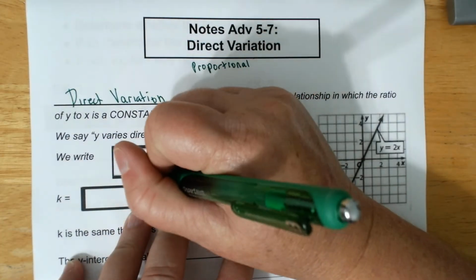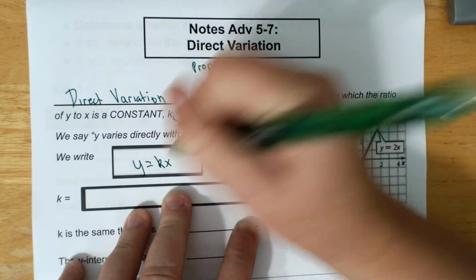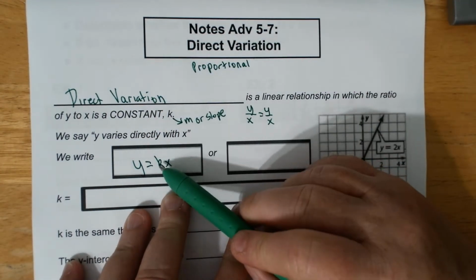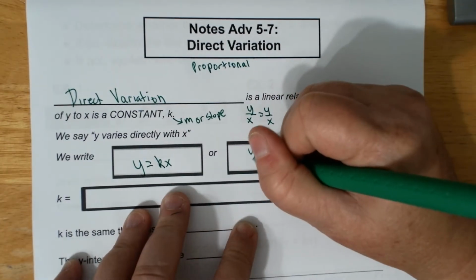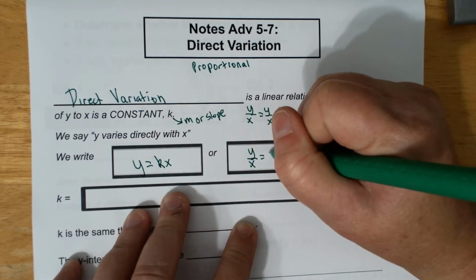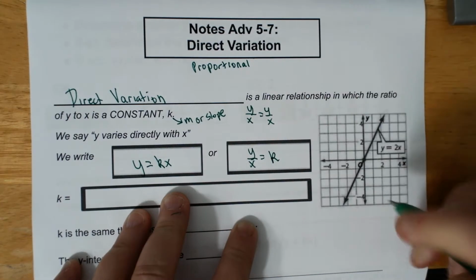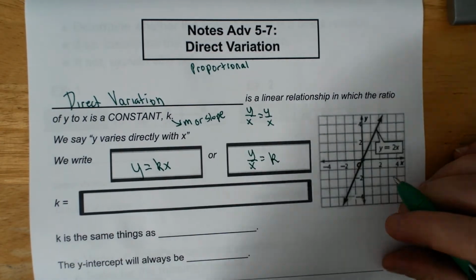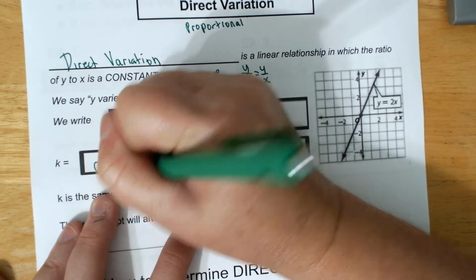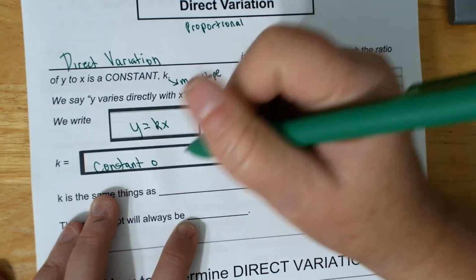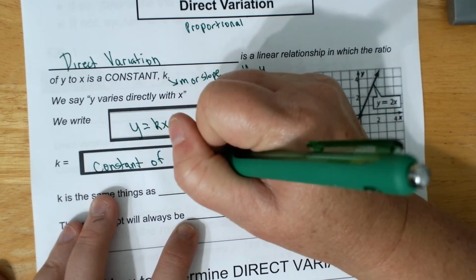So the equation is going to look like y equals kx. That's better known as slope. Or if you move things around, y over x equals k. And they always use that little cursive k. And k is the constant of variation.